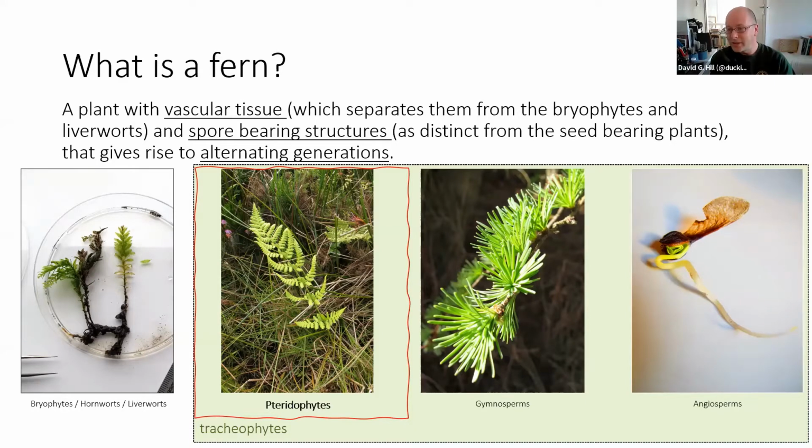If you're wanting to grow ferns, then they grow in a completely different way to traditional flowering plants. This fact that they reproduce by spores means they have two quite distinct halves to their life cycle. It gives rise to something called alternating generations, and I'll show you some of those as well.